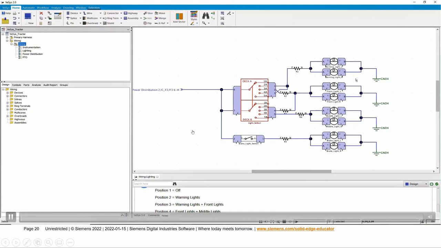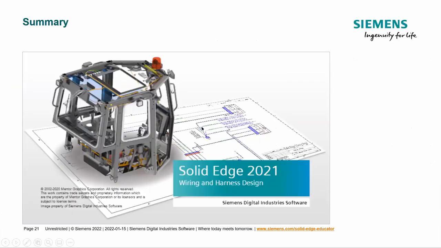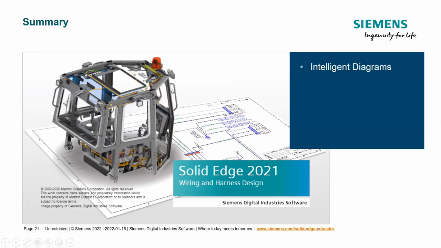Okay, so let me move forward here. Just a couple more slides, and then I'll finish up. My big message today: if we want those great electrical schematics, we want to use an intelligent diagramming application. That's the first thing. Lines and boxes need to be more than that. They actually have to represent devices and wires, and they have to have properties.